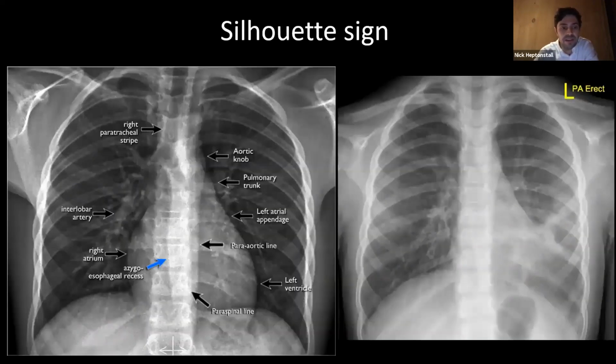So silhouette sign is essentially the most important part of reporting any x-ray, including chest x-rays. So this is looking at important anatomical areas that are formulated by the difference of soft tissue density. So here you have an air interface against the right paratracheal stripe. Other structures that are important, obviously the hilar, as just mentioned, the aortic knuckle that comes around here. Sometimes you can get subtle soft tissue lesions in this window, or along the AP window, which is part of the pulmonary trunk.